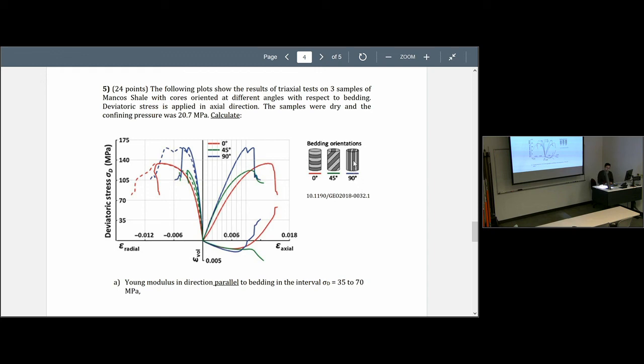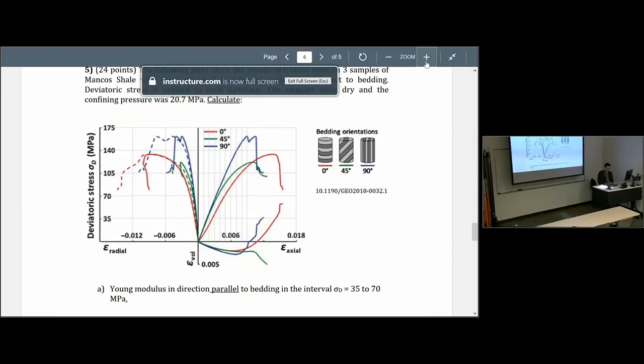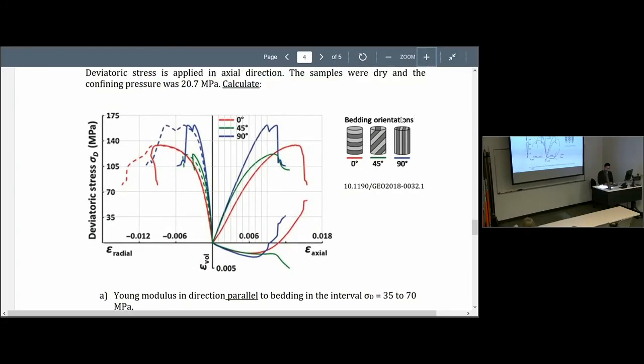this type of loading, we will say it's parallel to bedding, or here you have a parallel Young modulus, for this case of 90 degrees. Why? Because the load in this case is applied in direction parallel to the layers. So this will be parallel, 0 will be perpendicular because the load is applied perpendicular to the bedding, and of course this is 45 degrees.